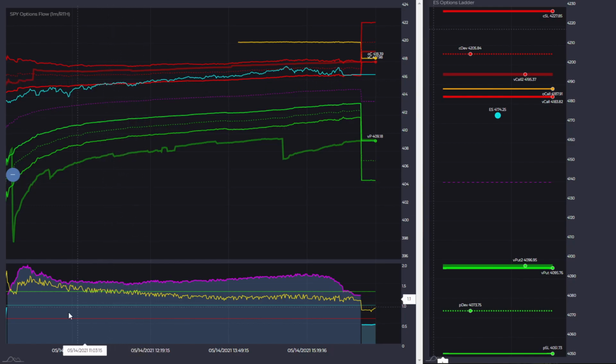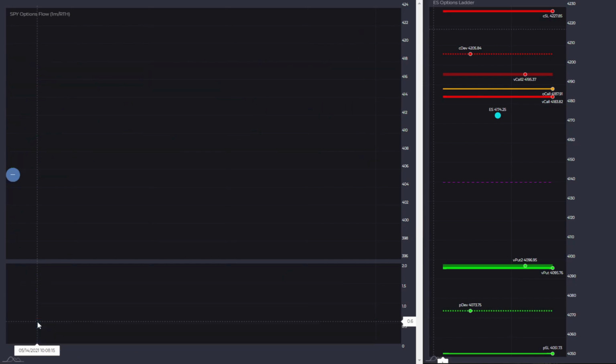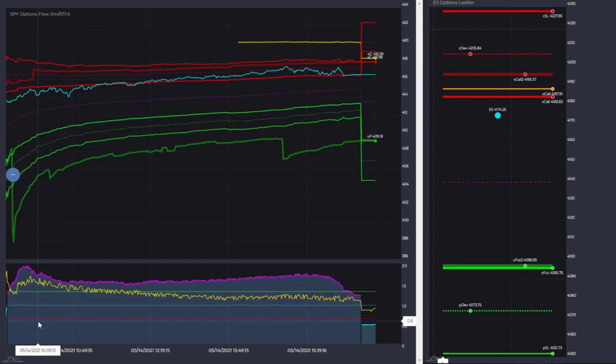And the same goes if we were extremely bearish. It's almost guaranteed that the price would fall below this first green level and stop somewhere inside these bands.